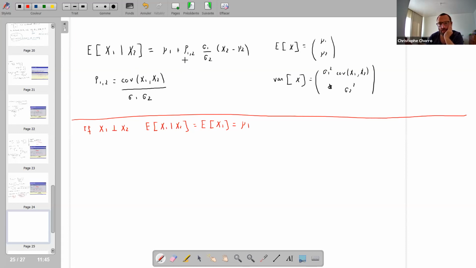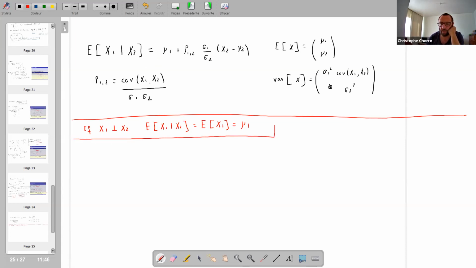So this term is equal to 0, and I recover simply mu1. Okay, so in the case of independence, I have this formula that is a basic application of properties concerning conditional expectation. The fact that in the case of the independence between x1 and x2, the conditional expectation of x1 given x2 is none other than the expectation. Okay, so the idea will be to use this kind of property in order to compute in general generality.